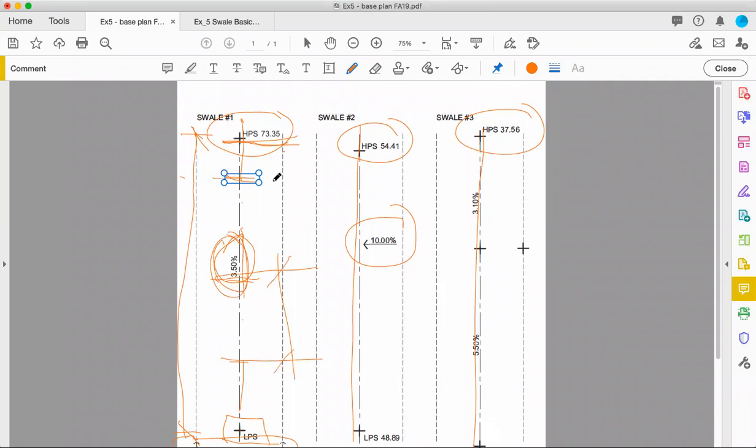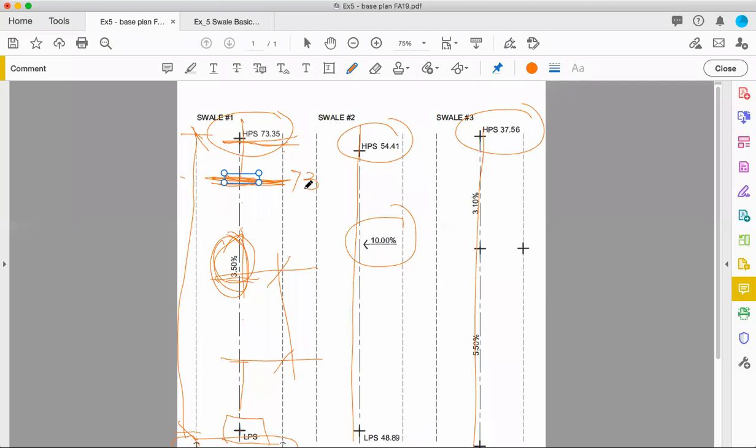But in order to find out where this next contour of 73 is, you would need to use the vertical change equal to 0.35 and the centerline slope to get the horizontal distance between 73.35 and your 73 whole number contour, right?